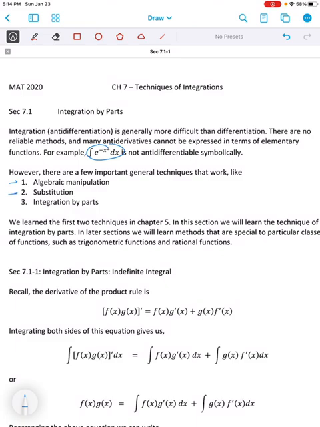For example, the algebraic manipulation, like the one example that I gave you, if you have something like this, then you can do the substitution and do some algebraic manipulation, and you should be able to get the answer. Also, there are other examples you have seen. Substitution also you have seen the example. So now in this section we will learn integration by parts.